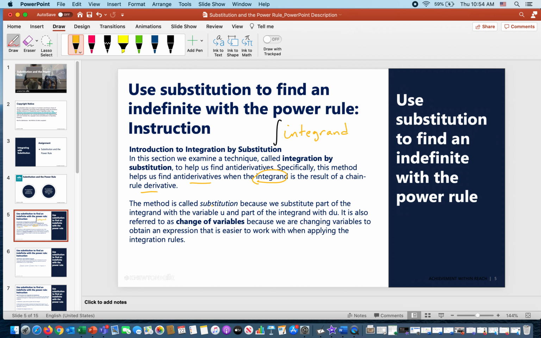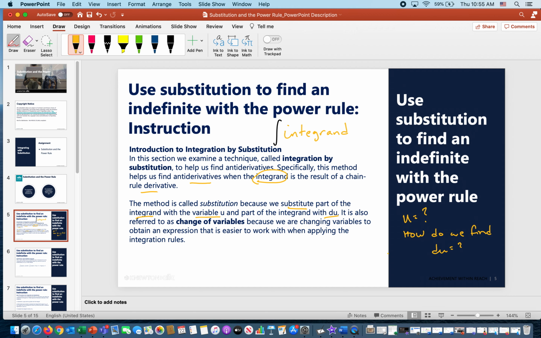We call this method substitution because what we're going to do is replace part of the integrand. We substitute part of the integrand with the variable u and part of it with du. So we're going to be focusing on this section. What is u, and then how do we find du?